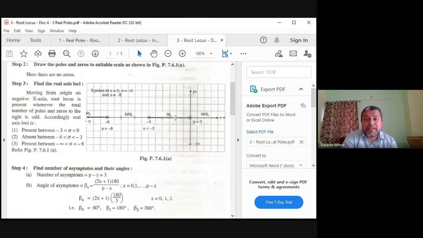Why? Because to the right side of minus 1, pole plus zero is equal to 1. There is only one pole, there is no zero. So 1 is an odd number, that means this point minus 1 is on the root locus. Same here, minus 1.5, minus 1.7, minus 2 are also part of the root locus, because to the right side of minus 2, total pole plus zero is equal to 1.